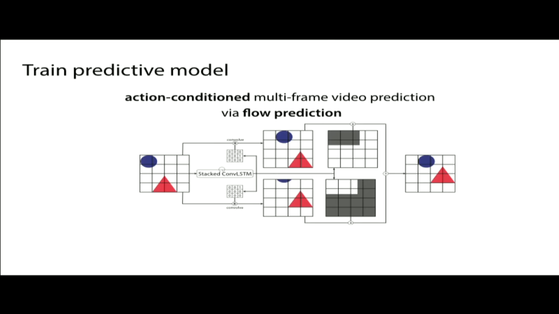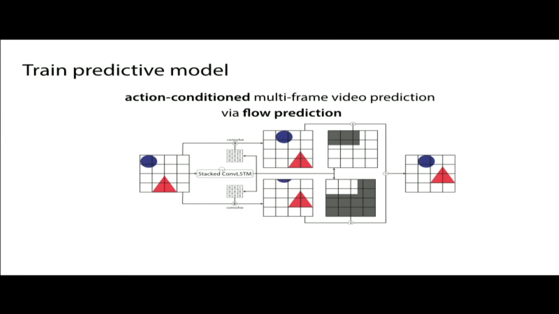So for example, for the middle top image, the convolution kernel translates everything to the right, and the bottom translates things up and to the right. And then in addition to those convolution kernels, the model also predicts a mask over what parts of the image are going to correspond to that transformation. So in this toy example, the model would be predicting that the top convolution kernel corresponds to the top part of the image, and the bottom kernel corresponds to the bottom right part of the image.